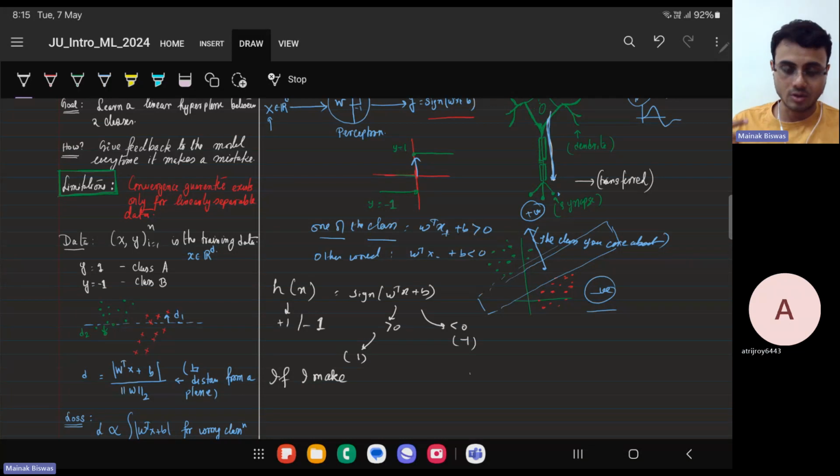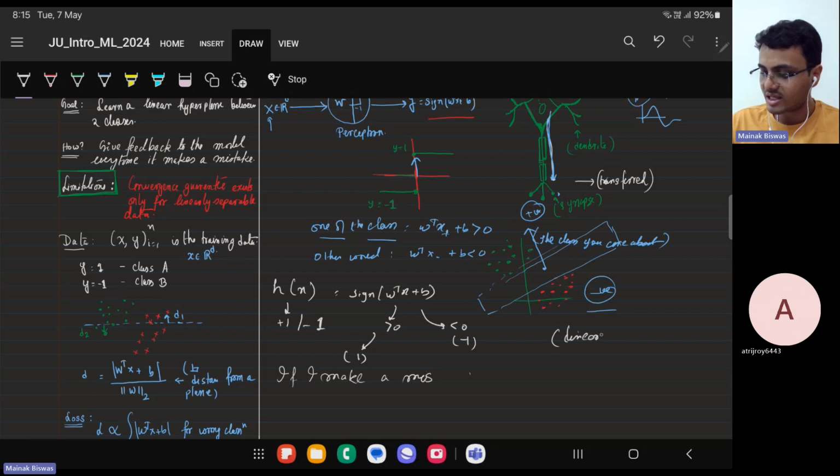Yes, that is true. From the hyperplane, you mean, right? Yes. So the idea is, if I make a misclassification, for the time being, we are considering only the linearly separable case.